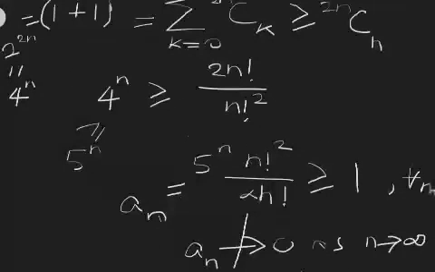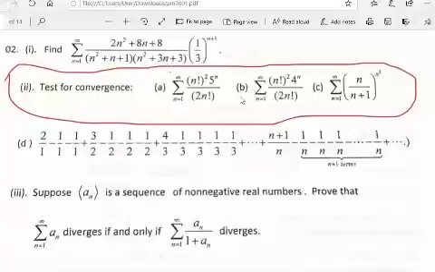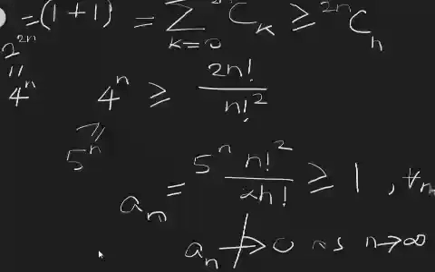If you consider the other problem, part B, right? Here you have (n factorial) squared times 4 to the n divided by (2n) factorial. Same thing, right?